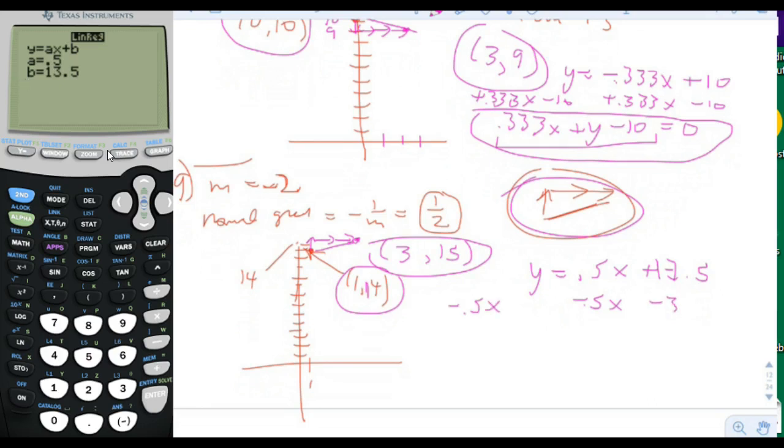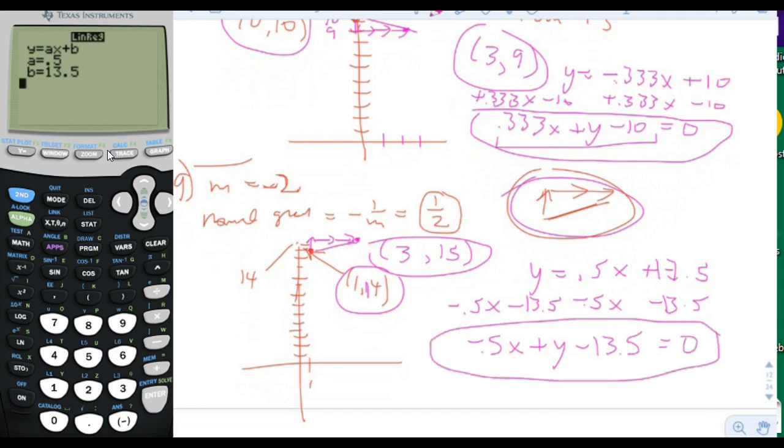I subtract 13.5 from both sides. So I get minus 0.5x plus y minus 13.5 equals 0. Okay? So that's the standard form for the normal line going through the point (1, 14).